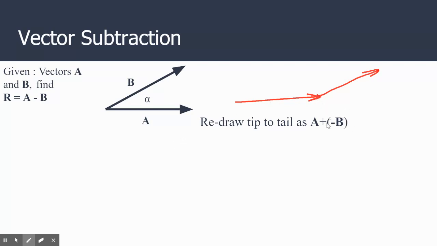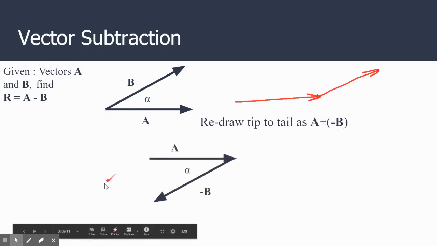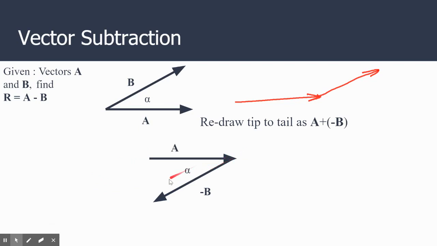So we're subtracting B. So remember we said on the last slide that a negative vector has the same magnitude, but it's going to point in the opposite direction. So what then does negative B look like? Well, there it is.